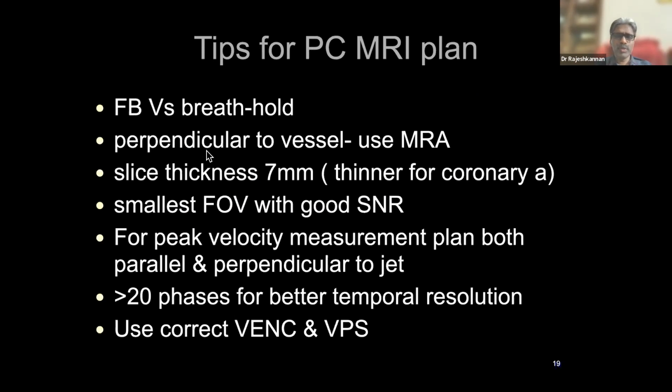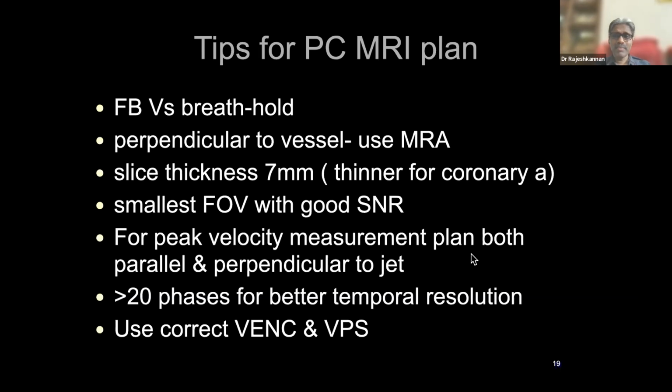And in order to get a true perpendicular plane, try to use an MR angiography or a 3D SSFP sequence. The slice thickness ideally has to be 7 millimeter for large vessels like the aorta, and use thinner sections like 4 mm or 5 mm for a coronary artery or for the pediatric age group, and try to use the smallest FOV with reasonably good signal to noise ratio.